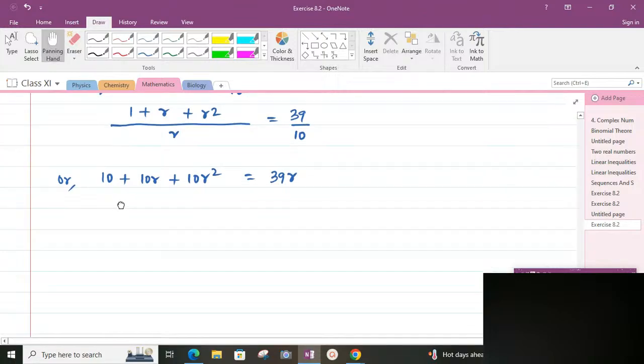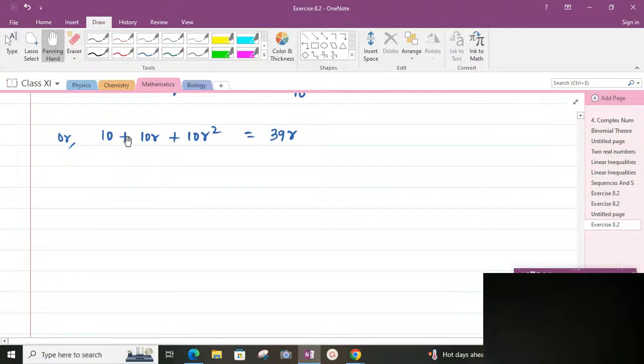Now we move 39r to the left hand side. Then we get 10 plus 10r plus 10r square minus 39r equal to 0. Hope that there is no problem to understand up to this step.